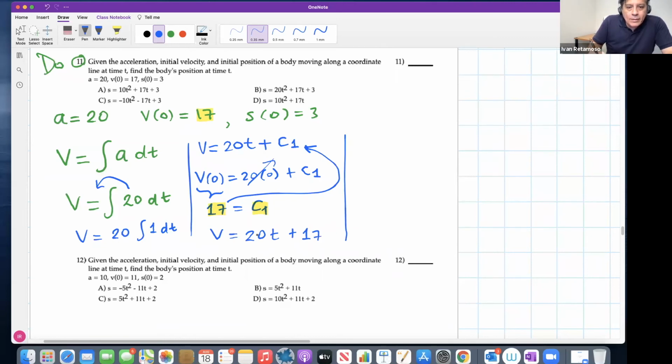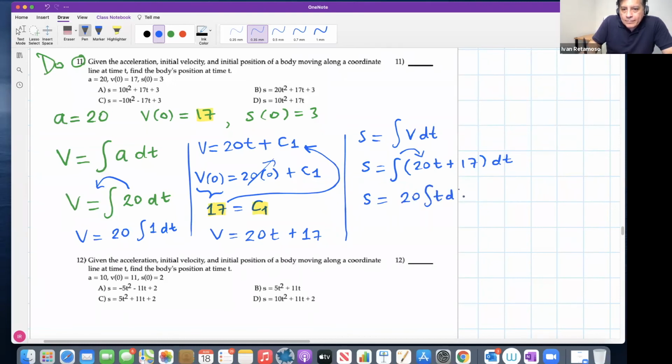Now, it's not over because you have to go from the velocity function to the position function, right? So we have to integrate again, or take the antiderivative of the velocity function, to get the position function. So this is going to be the integral of 20t plus 17 dt, right? Distribute your integral, take the constant outside, and you will end up with this for this part, plus, taking the constant 17 outside, the antiderivative of the constant function 1 there.